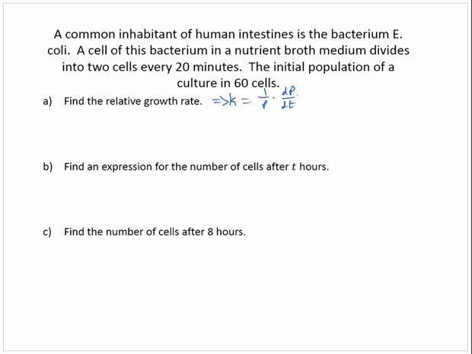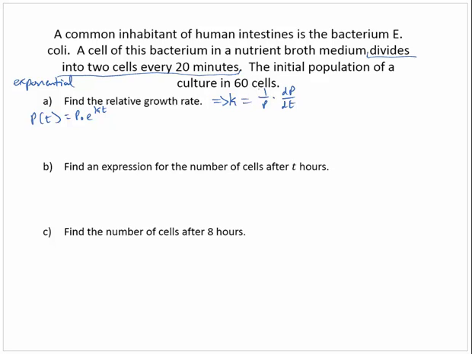When we see this sort of situation where one cell divides into some number of cells every certain amount of time, that's an exponential model. So I can start off by saying P of t is P naught e to the kt. All I need to do is figure out the k for this situation.